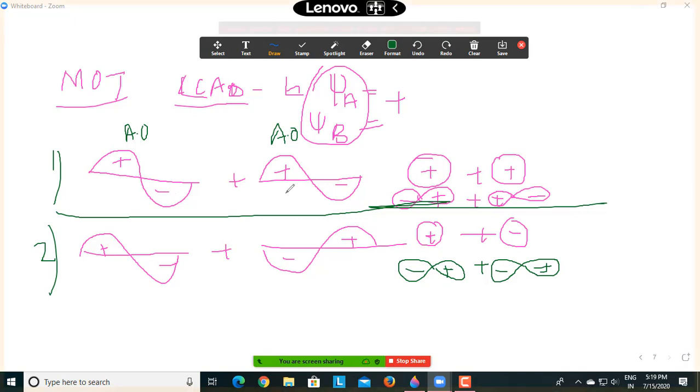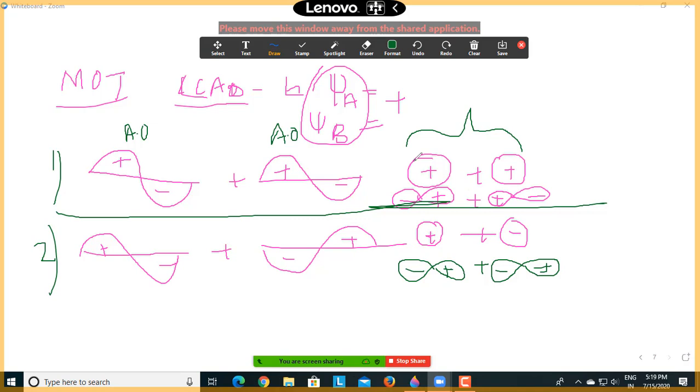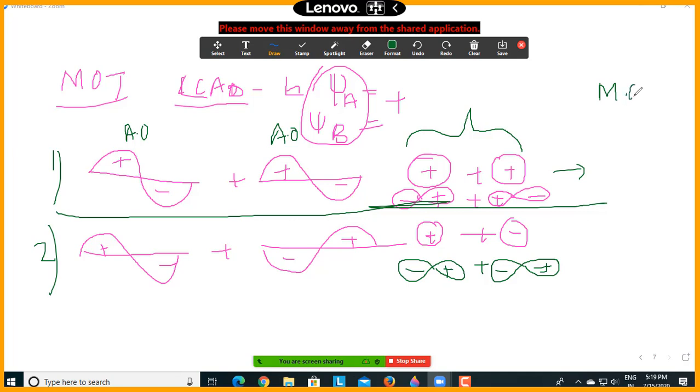When two atomic orbitals mix, after mixing you will get a molecular orbital. So the molecular orbital's shape and energy will be entirely different from the atomic orbital.